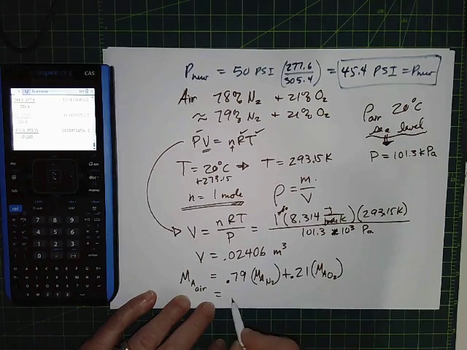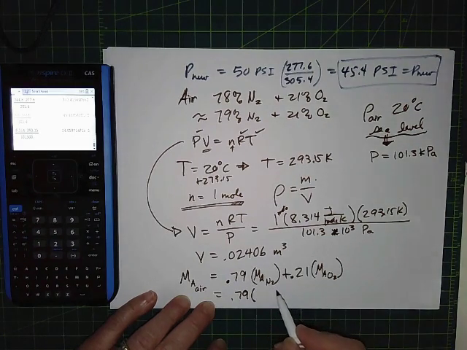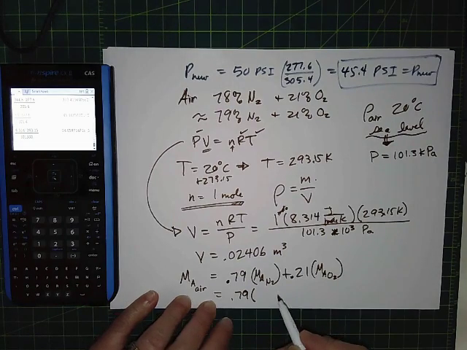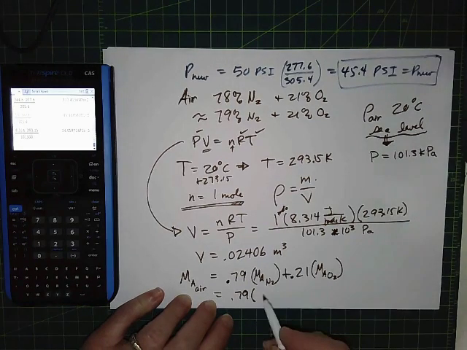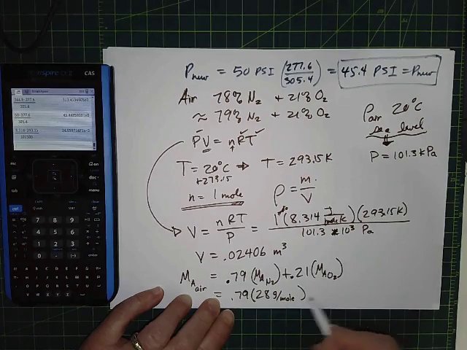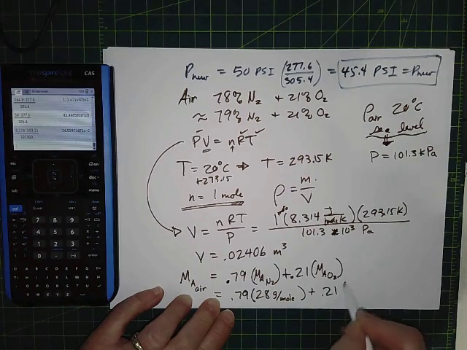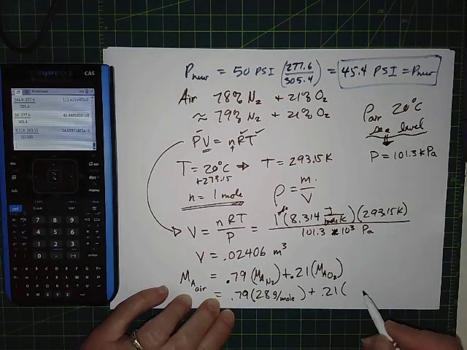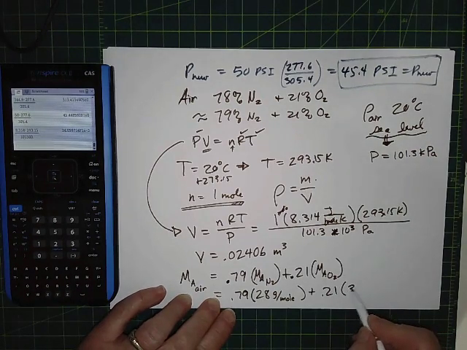All right, so that's going to be 0.79, and nitrogen is 14, so N2 is 28 grams per mole, and oxygen is 16, so O2 would be 32 grams per mole.